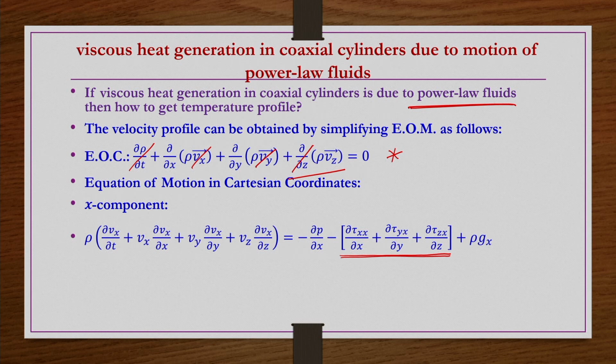The rheology is simpler in the case of a Newtonian fluid, so you substitute directly and then simplify. Then directly you get plus mu times dou square Vx by dou x square plus dou square Vx by dou y square plus dou square Vx by dou z square. But in this case of a power law fluid, the tau expression is complicated and non-linear.